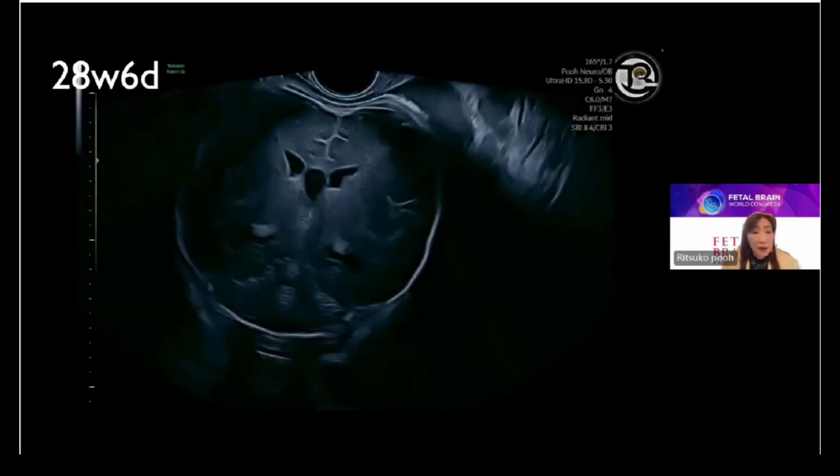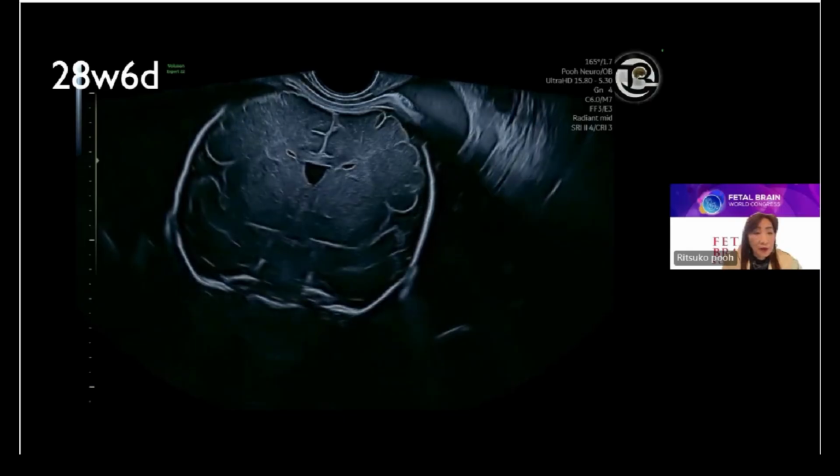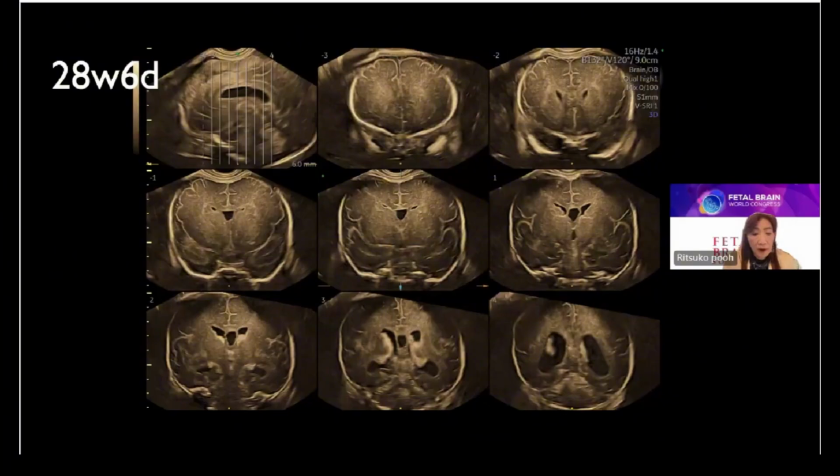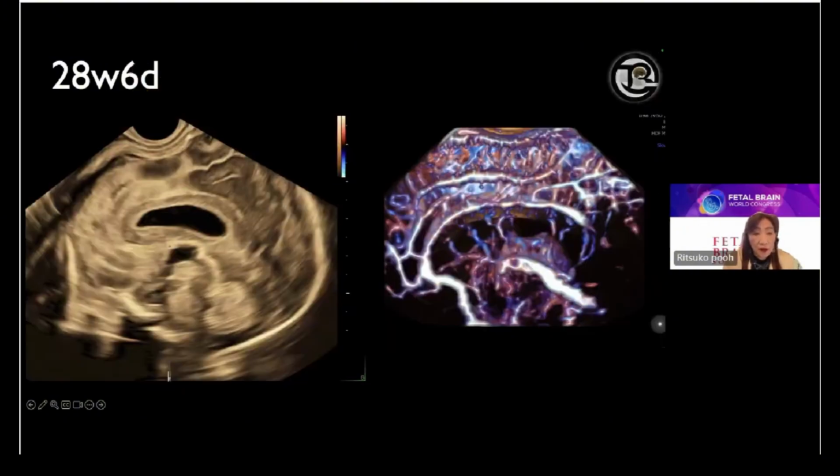And here you can see the video clip, and in the tomographic ultrasound imaging you can see the shallow gyri and sulci, and there's no asymmetrical structure in this case, but there is some suspicion of a genetic variant. And also, furthermore, the corpus callosum was observed to be large and thick.